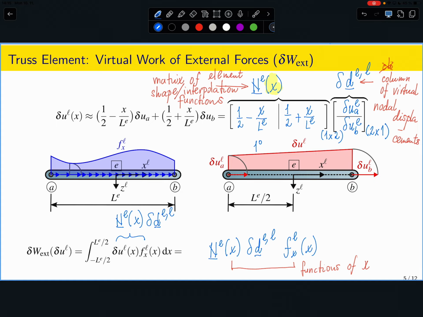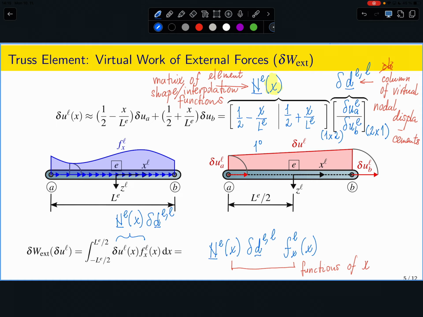Okay? On the other hand, this thing, I do not know whether I managed to explain that or not, is a completely different beast. This is something which is x independent. This is the column of virtual displacement at the element nodes. I know exactly where they are located. This is not the distributed information, hence does not depend on x. Okay?